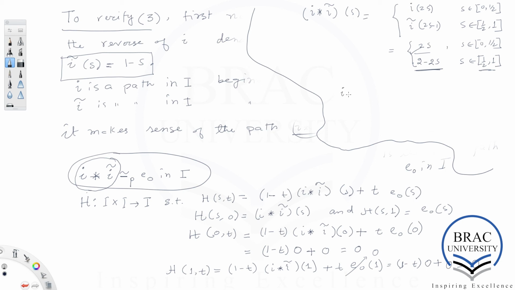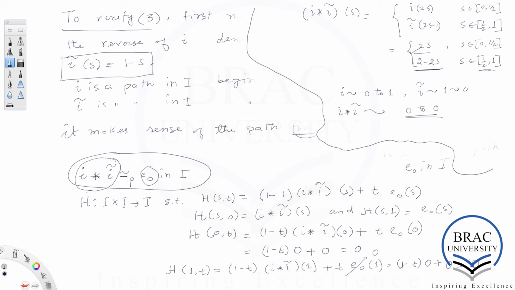Because you see that I is a path from 0 to 1, and I twiddle is a path from 1 to 0. So I star I twiddle is a path from 0 to 0. So is E0. So both endpoints are 0.